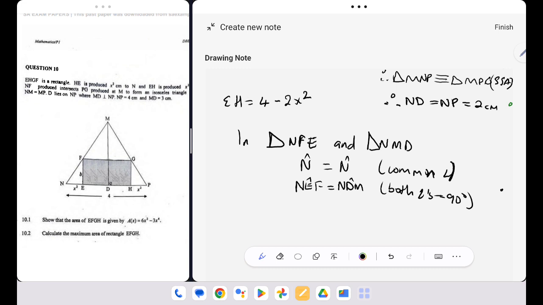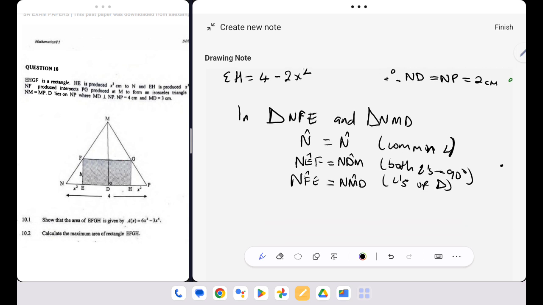Are we together? And so that simply means angle NFE will be equal to angle NMD, angles of a triangle.